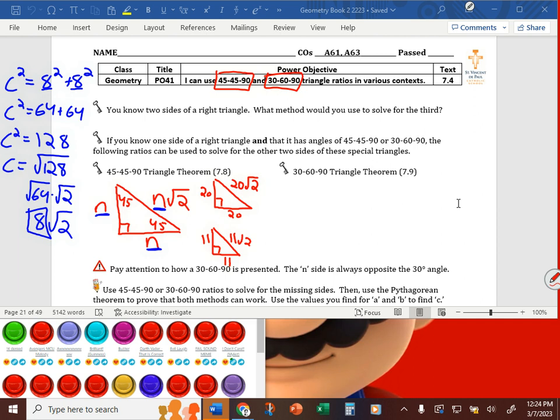30, 60, 90 triangle is another special one. And obviously in a 30, 60, you've got one angle smaller than the other one. So I'm going to draw it so my 30-degree angle is more up on the top here. Okay, we'll label this 30, label this 60. Here's our right angle here.